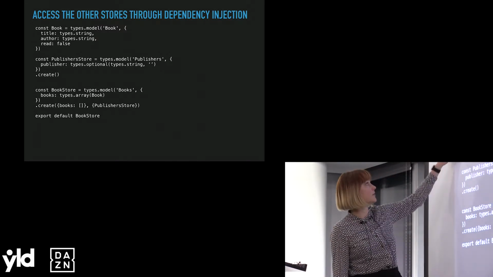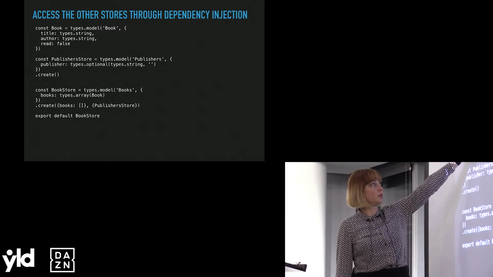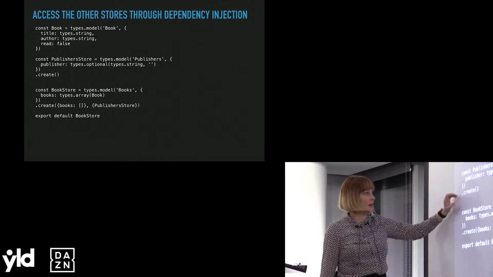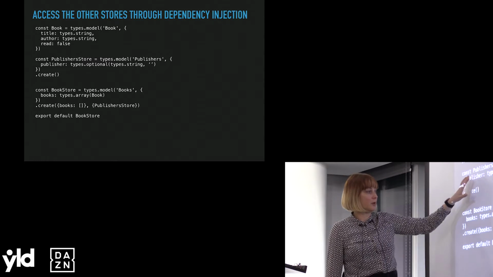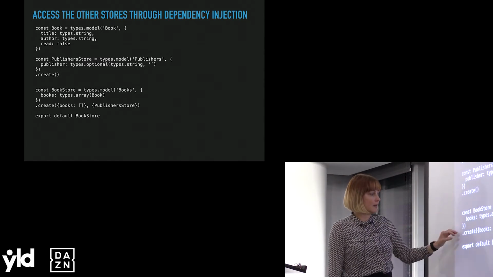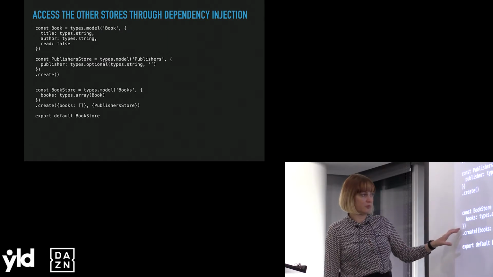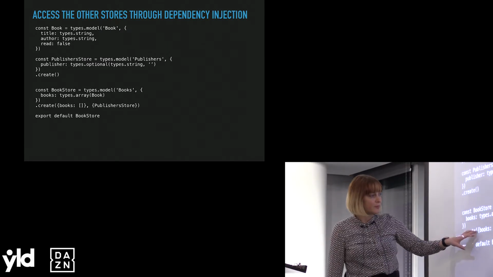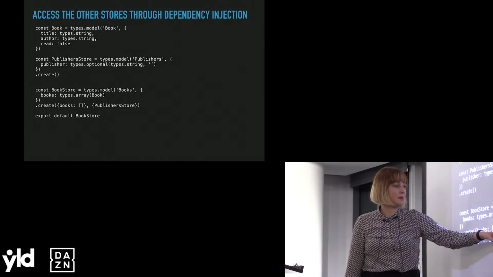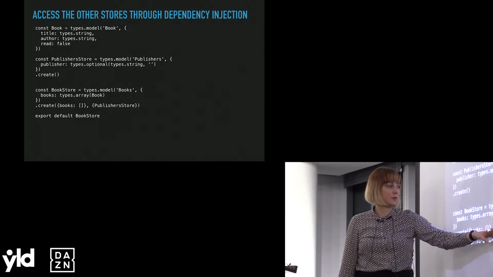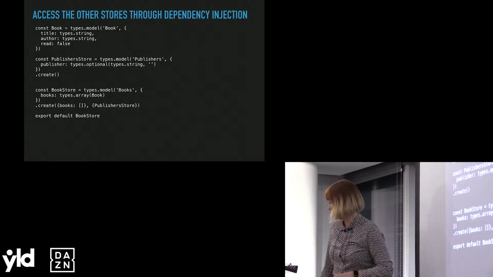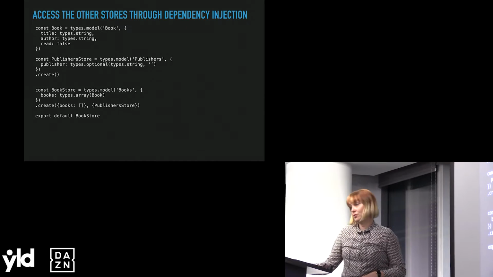So we have created a bookstore here, and we have another publisher store, for example. And I want to use some data in my bookstore from this publisher. In that case, during the creation of my bookstore, the second parameter will be the dependency injection of the other store, and this is how I can access the data from here. And we are getting to the end.